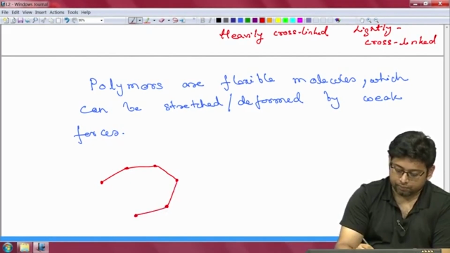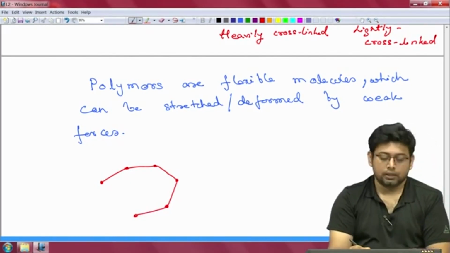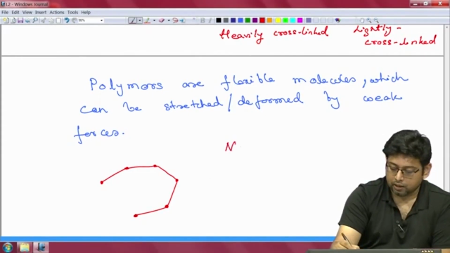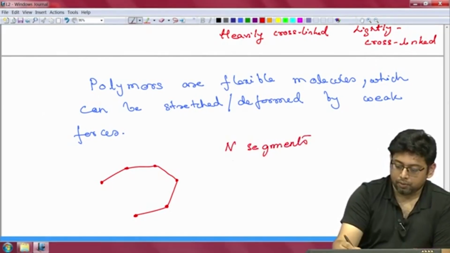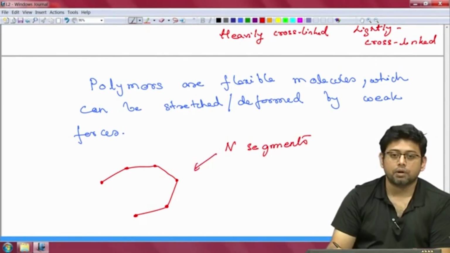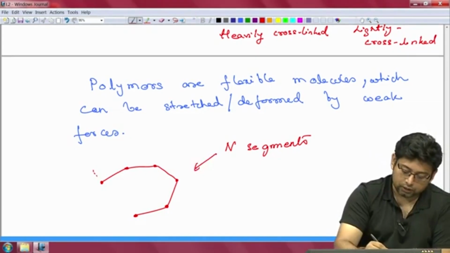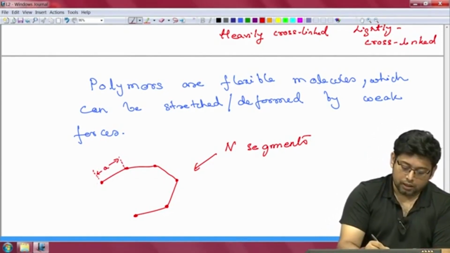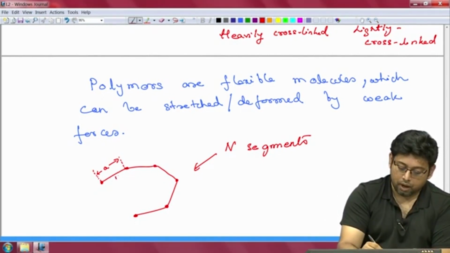So, this polymer molecule that I am drawing is made up of n segments, and each of these segments, let us say, is of length a. So, this is your segment 1, this is your segment 2, and so on till you reach the nth segment.